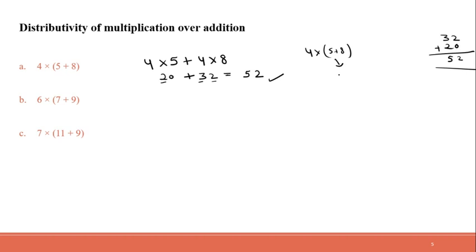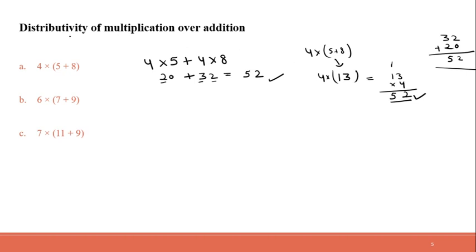Just add these two numbers first. 5 plus 8 is 13 and this 4 here. So if you multiply 13 with 4, 4 into 3, 12, 1 extra. 4 into 1, 4 plus 1, that is 5. The answer is still the same.